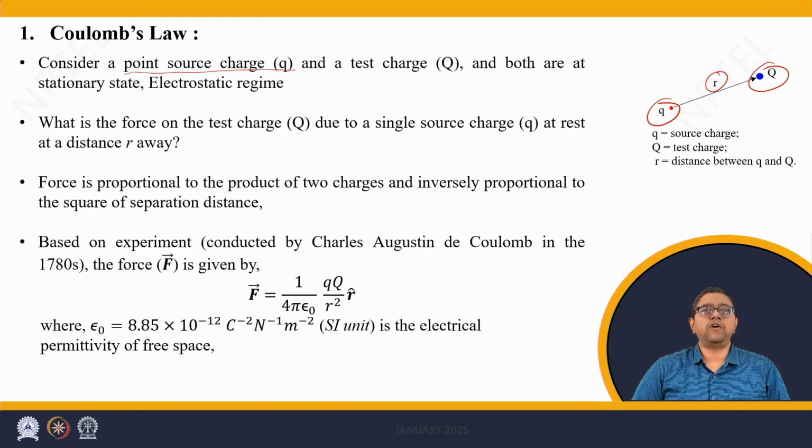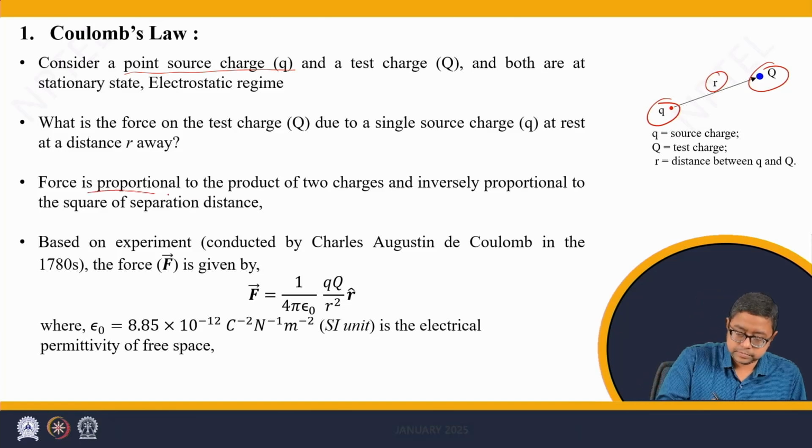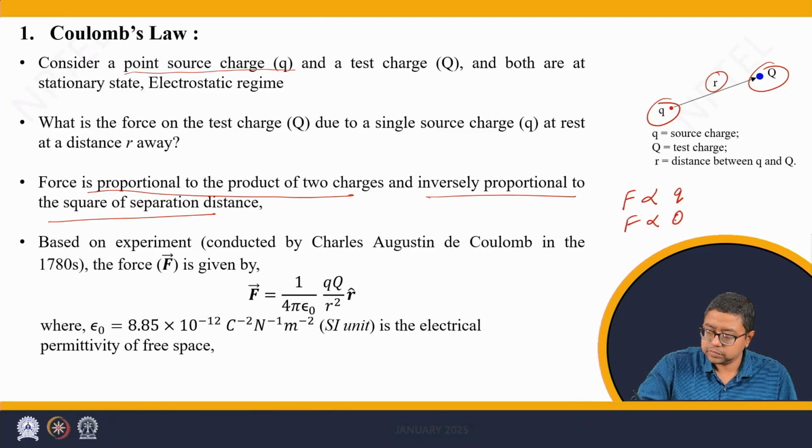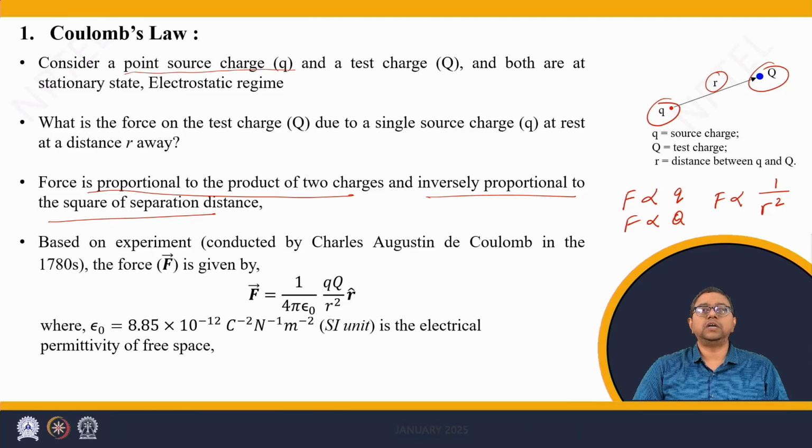The force is found to be proportional to the product of the two charges and is also found to be inversely proportional to the square of the separation distance. Which means that force is proportional to q and capital Q and inversely proportional to the square of the separation distance.